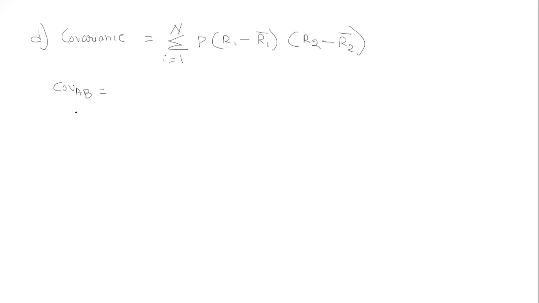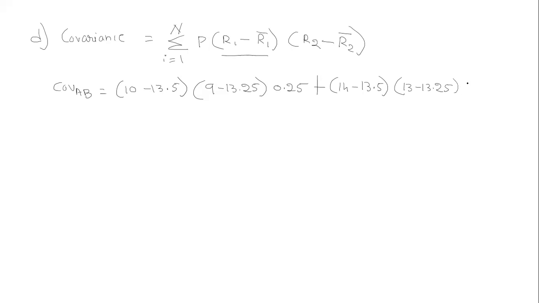Okay, now let's calculate the covariance for A and B. So we'll put the values here. Let's start: 10 minus 13.5 is R1 minus R bar 1, that is security A. Now we'll take security B, that is 9 minus 13.25, and the probability of occurrence is 0.25, plus next again security A, 14 minus 13.5, security B, 13 minus 13.25 into 0.5.